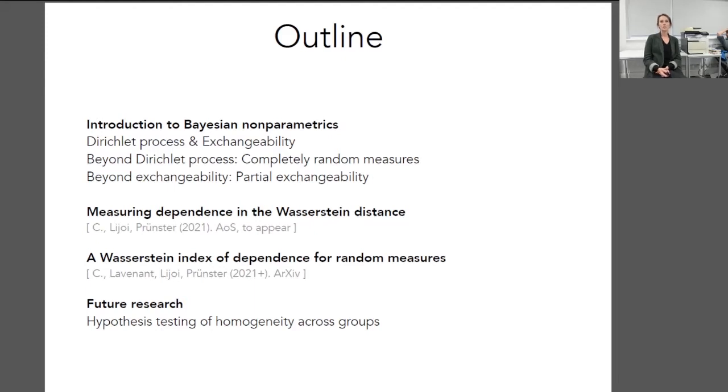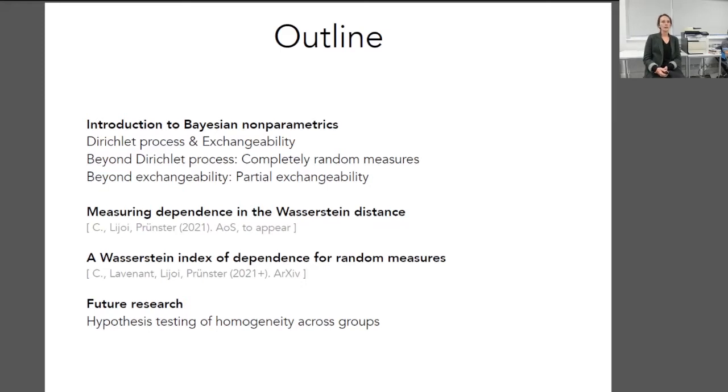That being said, I will pass on to the core of my work, which is to find measures of dependence in Bayesian non-parametrics, and in particular using optimal transport theory through the Wasserstein distance.